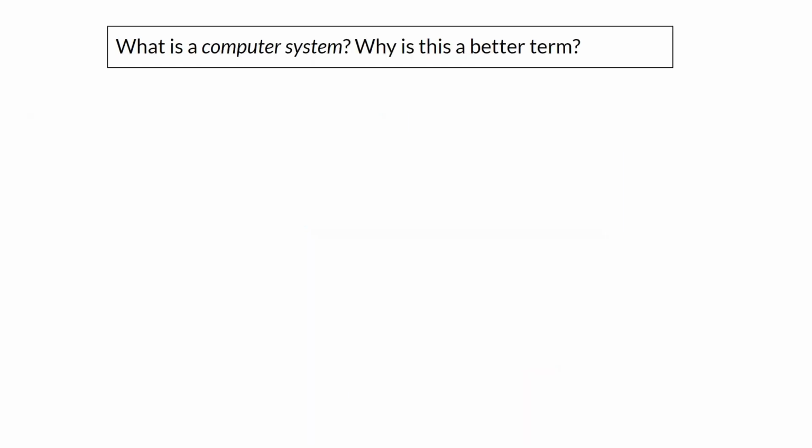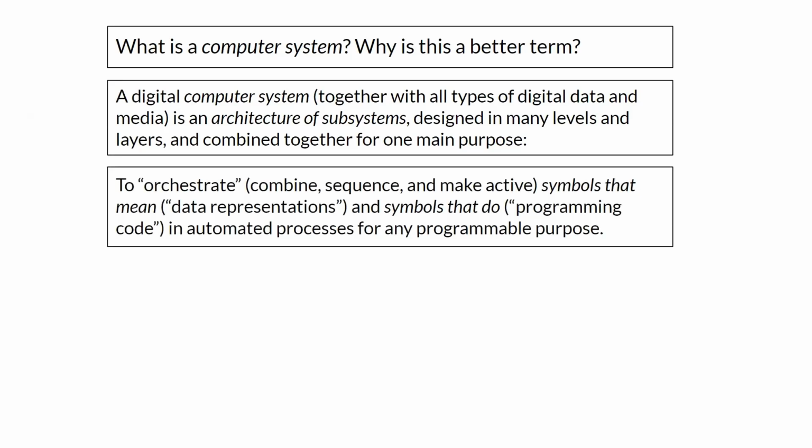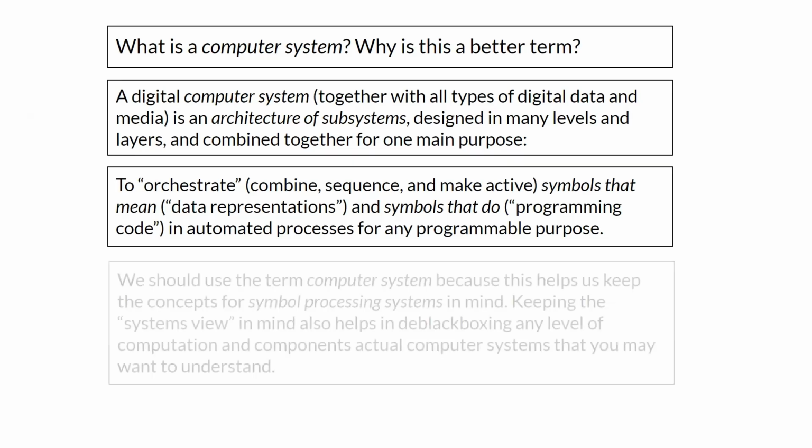What is a computer system? And why is this a better term? Well, a digital computer system, together with all the types of digital data and media, is an architecture of subsystems designed in many levels and layers and combined together for one main purpose: to orchestrate, that's to combine, sequence, and make active symbols that mean, our data representations, and symbols that do, programming code, in automated processes for any programmable purpose.